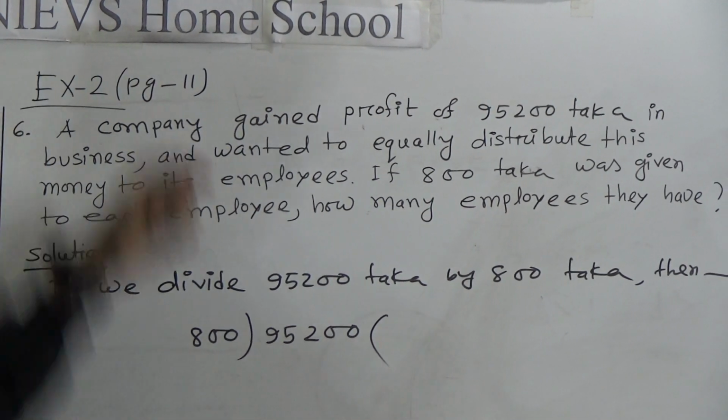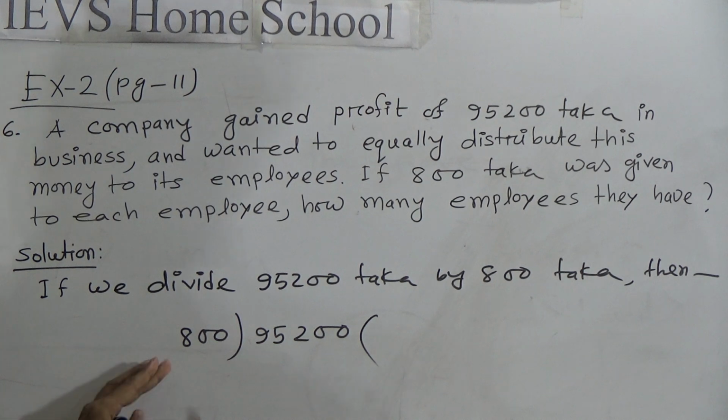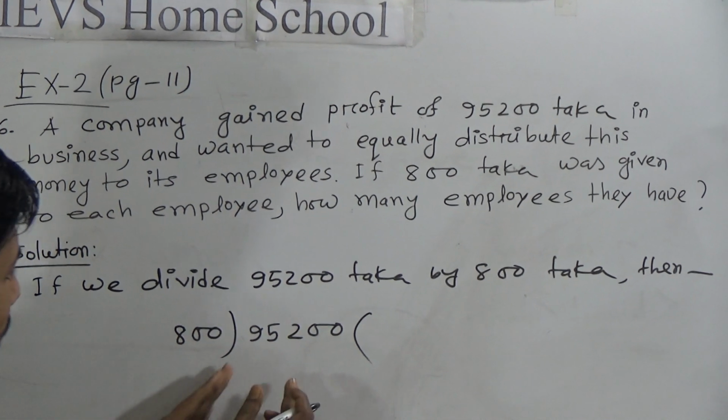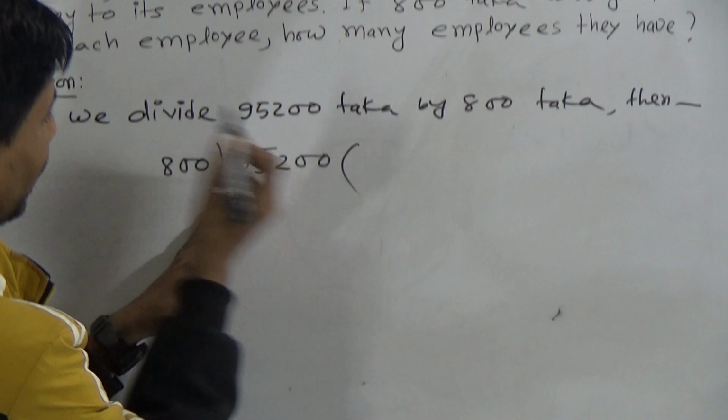You see at first, this is the dividend and this is the divisor. This is how many digits? 3 digits. So at first you have to select up to 3 digits.